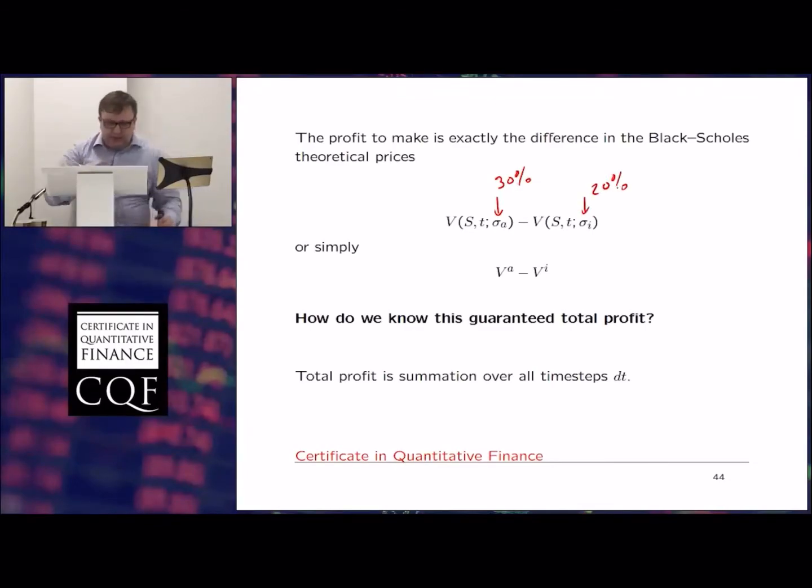So clearly the Black-Scholes price, given the other parameters all the same, it's the same asset, at 30 will be positively above that at 20. So the profit is guaranteed.